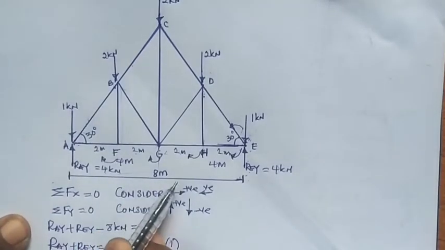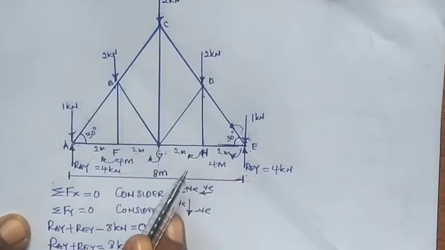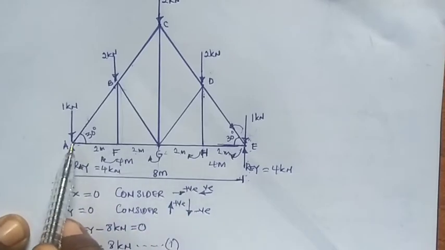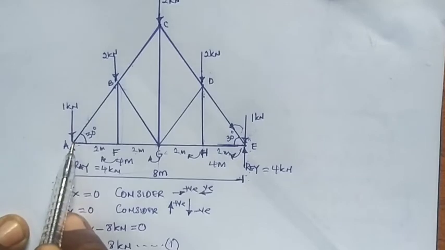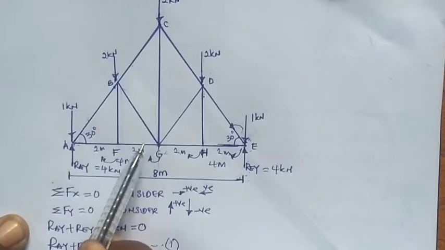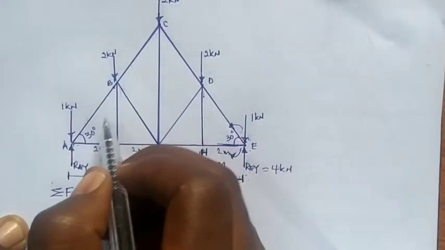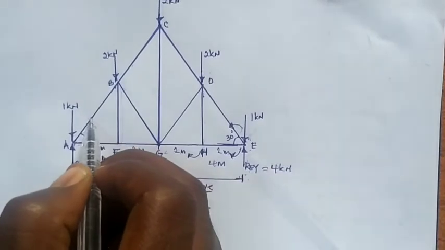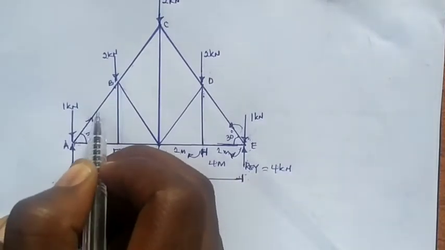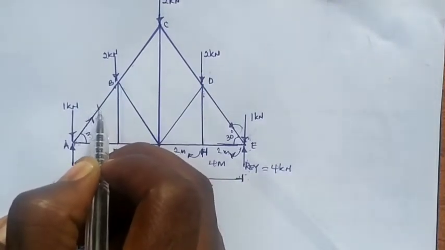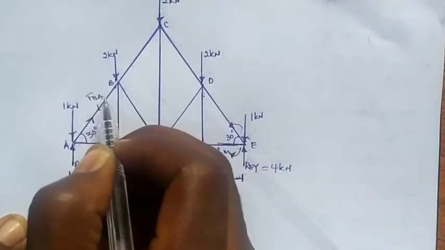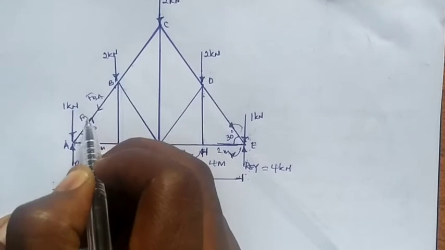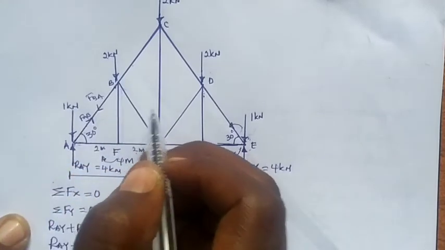So if you look at, I say a joint must have at least 2 unknowns. So if I take joint A, this force here, I have this direction, and I have this direction like this. So here will be FBA, here will be FAB, right?